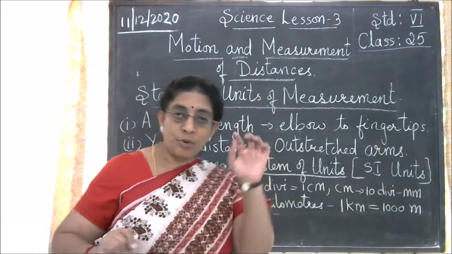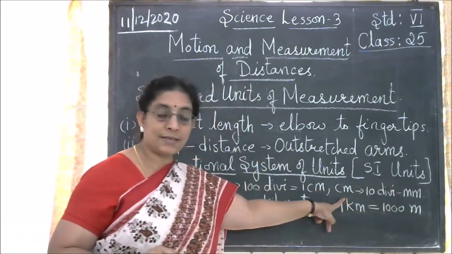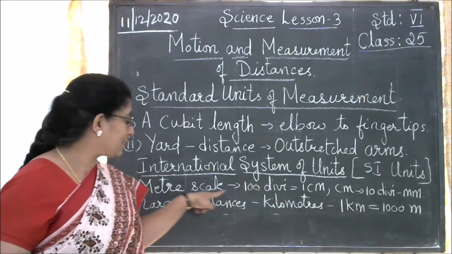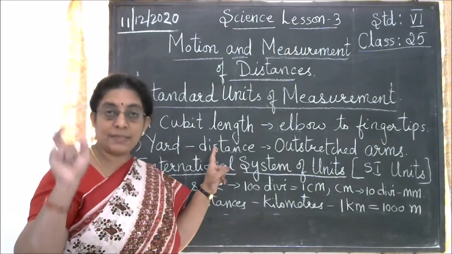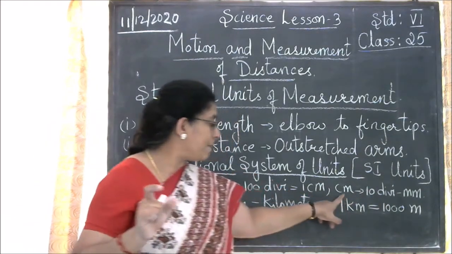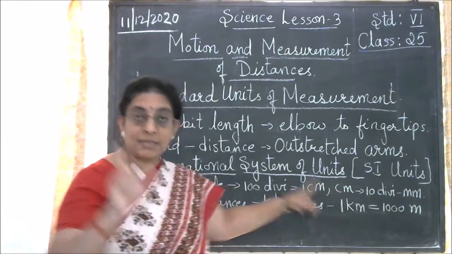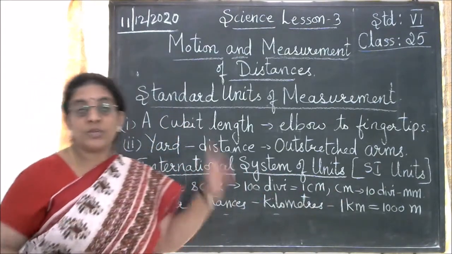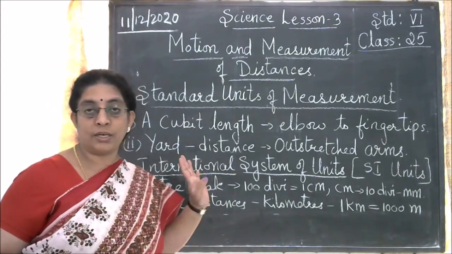So the smallest measurement is the millimeter, then next is the centimeter, and then next is the meter. So the 10 divisions of millimeters make 1 centimeter, and 100 divisions of centimeter make 1 meter. This is the standard measurement followed throughout the world.